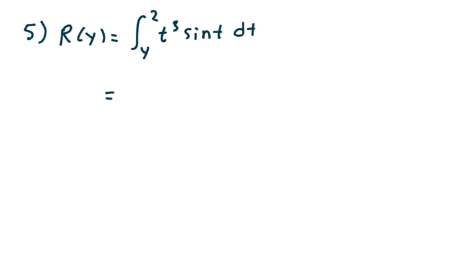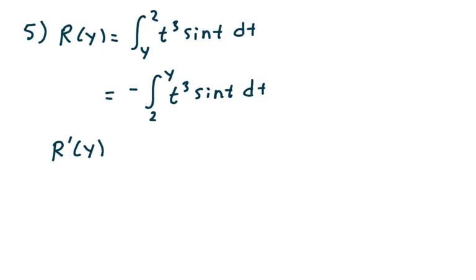I'm going to swap places, so this ends up being negative the integral from 2 up to y of t to the 3rd sine t dt. And I want r prime of y. So in the integrand t cubed sine of t, I'm going to replace t with y. And so this is negative y cubed sine of y. I'm done.